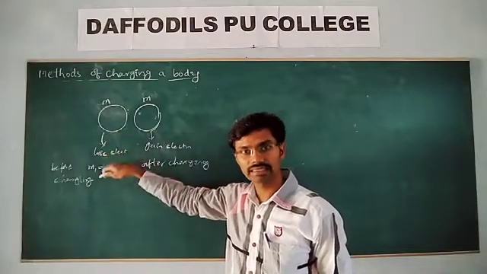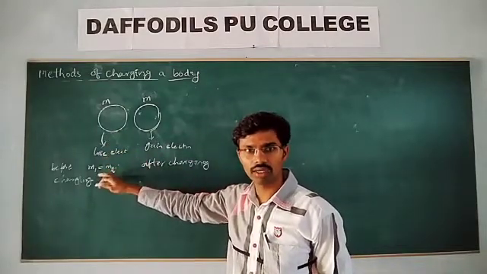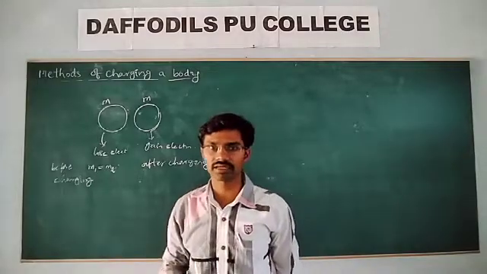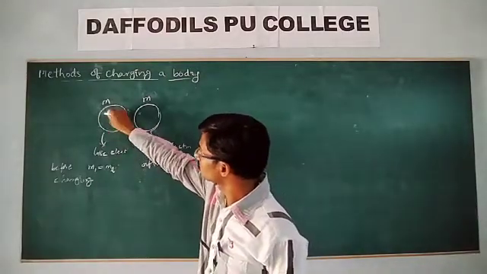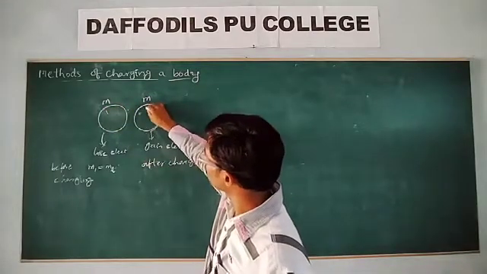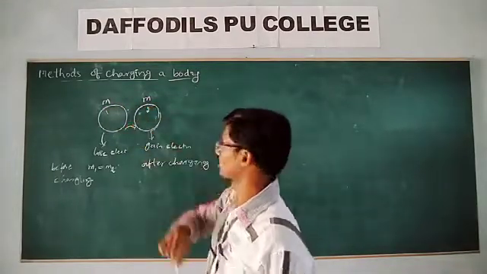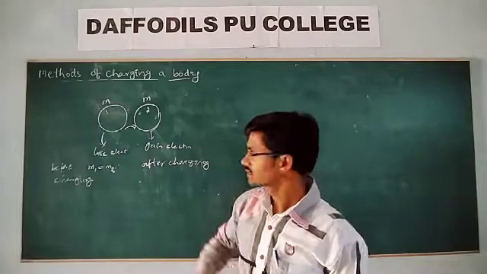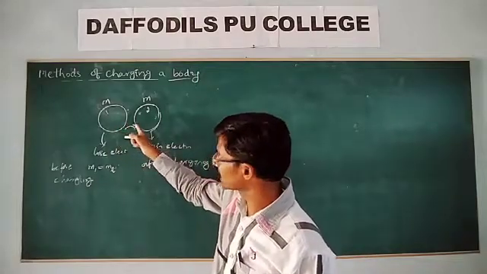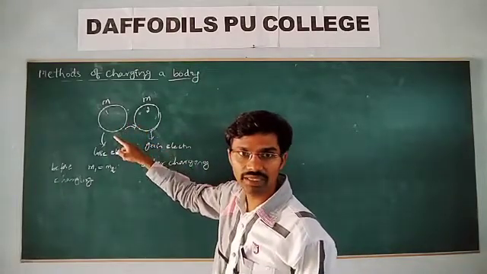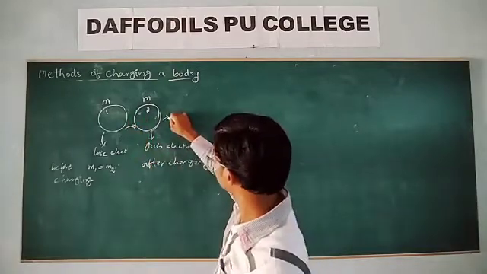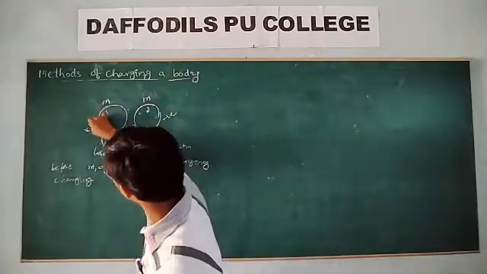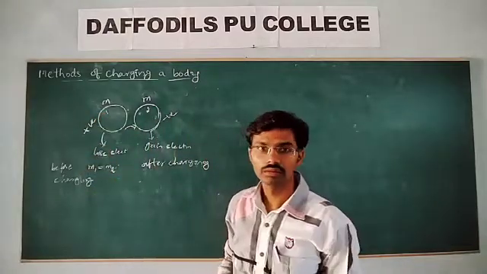But whenever a body is charged, charge means a deficiency or excess of electrons. You can observe that. Some electrons from the first body are transferred to the second body. That means the electrons in the second body are in excess. Then this is negatively charged and this is positively charged.